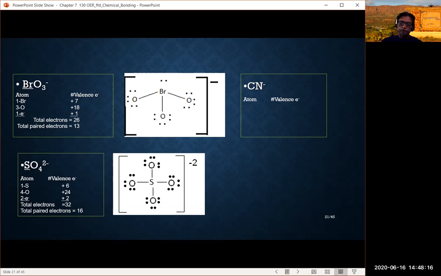Okay. Finally, the cyanide. This is cyanide. We have 4 valence electrons from carbon, 5 from nitrogen, and it's a negative charge, so we add 1. So we have a total of 10 valence electrons or 5 pair. In this case, there's only 2 atoms, so there really isn't a central atom. We just put them together. Okay.